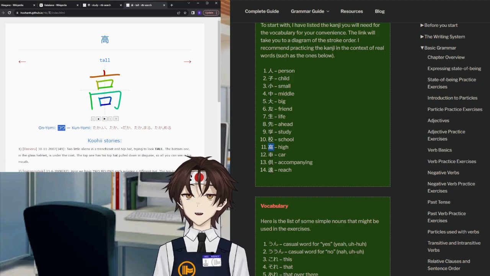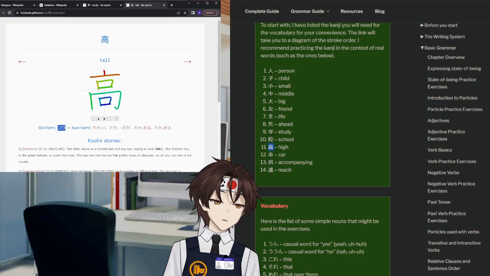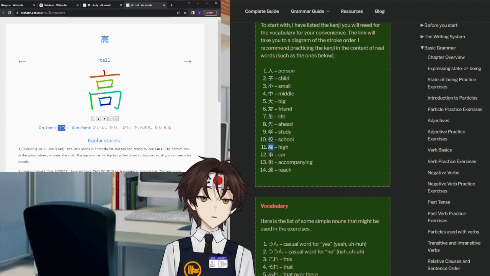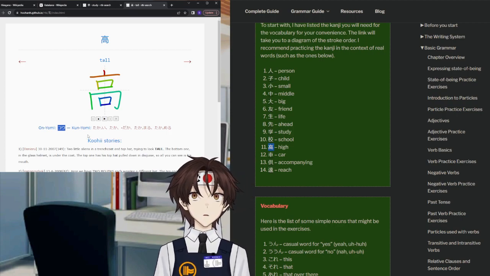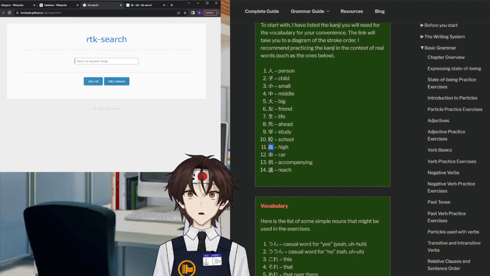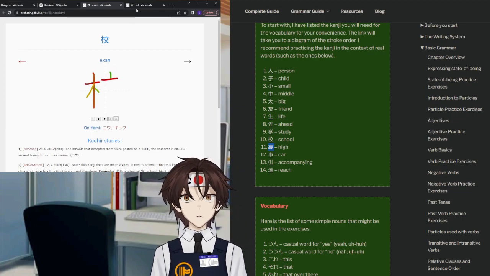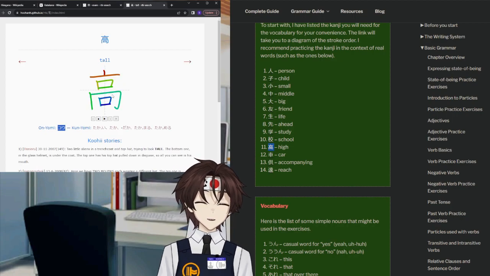So you see here why kanji is important. People will tell you that hiragana and katakana is all you need to learn, and you can do just fine in Japan. But no, this is a good example. You see how the word for school exam literally is the same as tall, as far as onyomi reading is concerned.